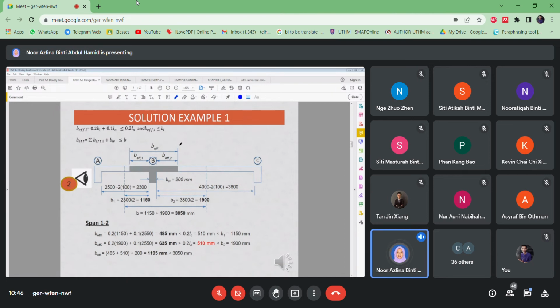Then next, this is the second view, right? Okay, which is you will see all these cross sections, which you just need to focus for the beam B. Okay, that produce these T sections. So determine the B effective for this one here.